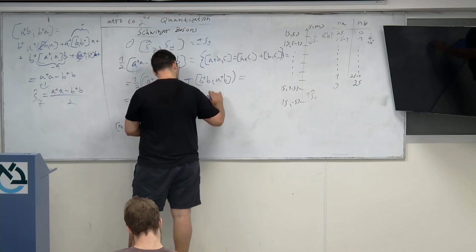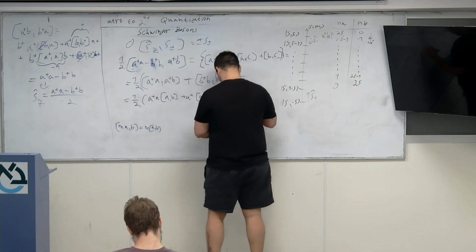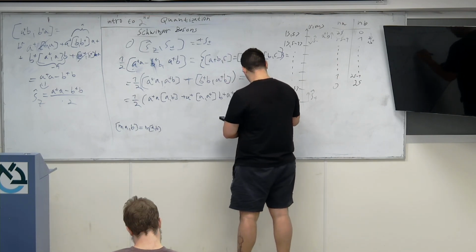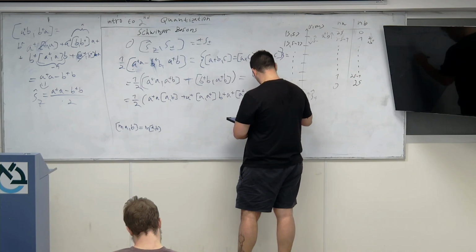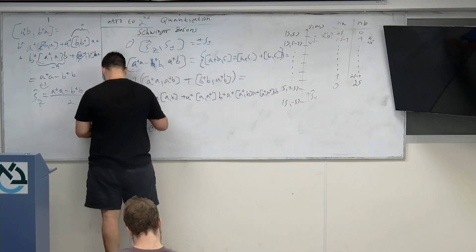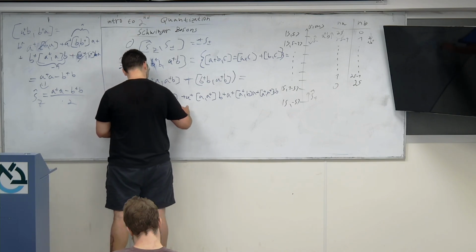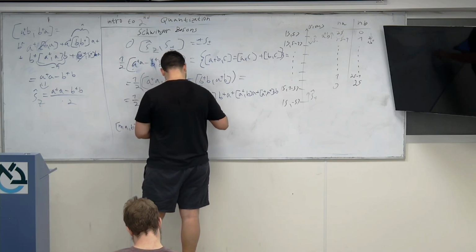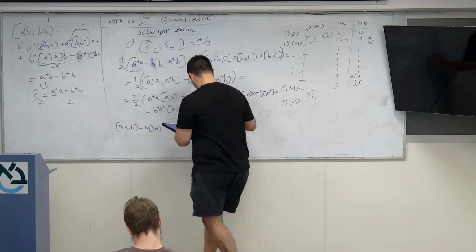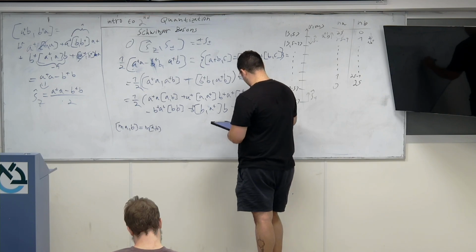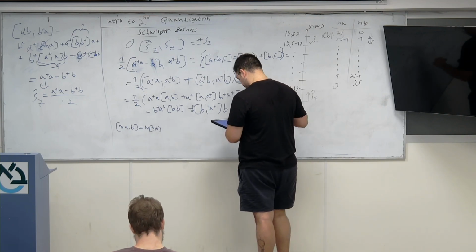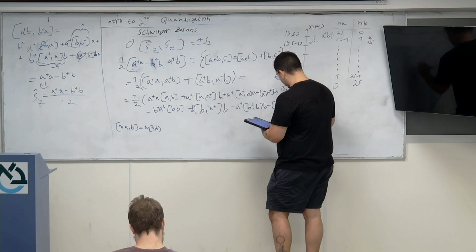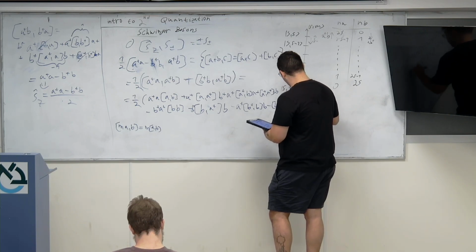A dagger A dagger B plus A dagger B A plus A dagger A B minus B dagger A dagger B B minus B dagger B A dagger B minus A dagger B dagger B B minus B dagger A dagger B B.